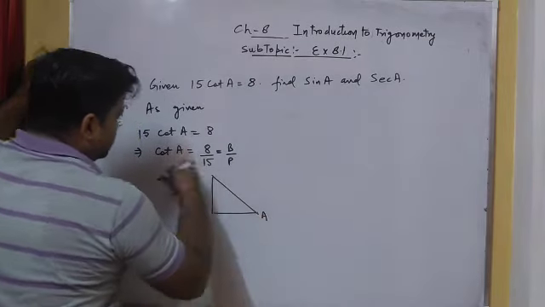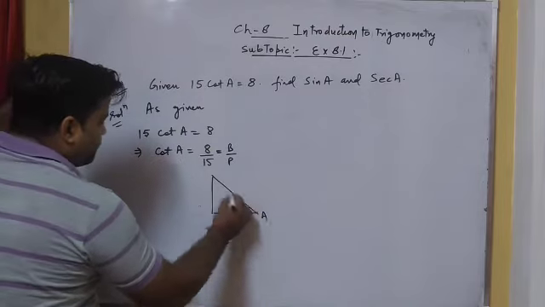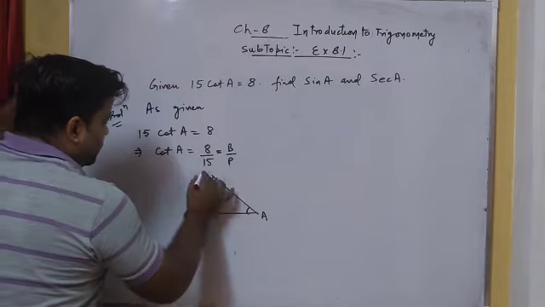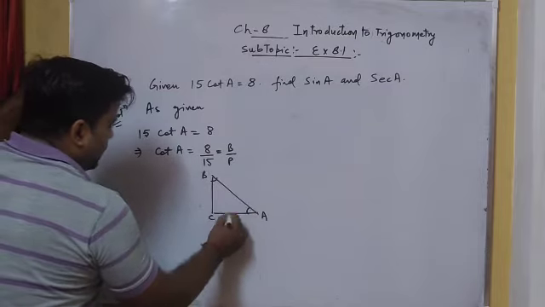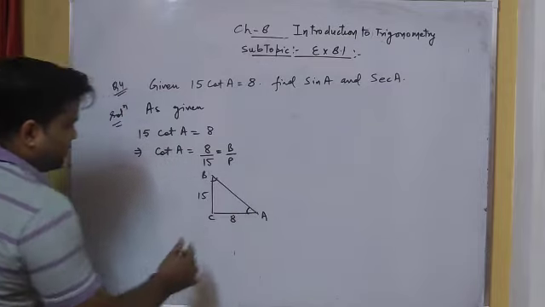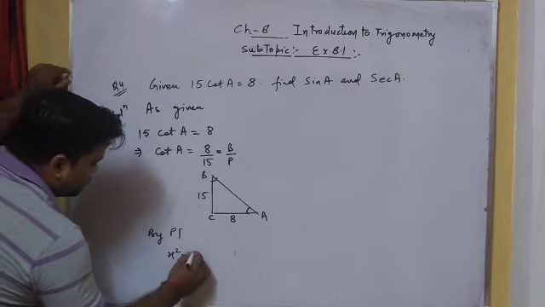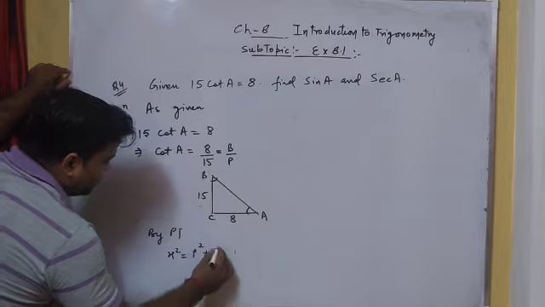Here angle A is an acute angle, so this will be the angle B and this is the angle C. So this will be the 8 and this will be the 15. We have to find the hypotenuse. By using the Pythagoras theorem we know that hypotenuse square is equal to perpendicular square plus base square.